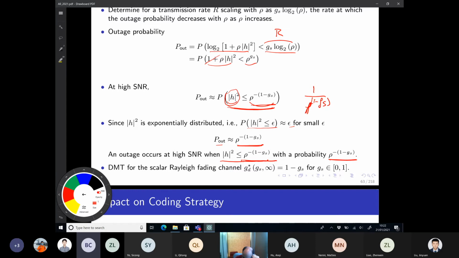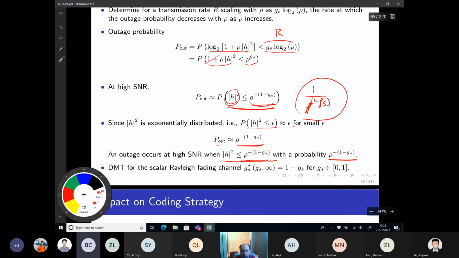So as you increase rho, your outage probability will decrease. That makes sense. But as you increase GS, your outage probability will actually increase.